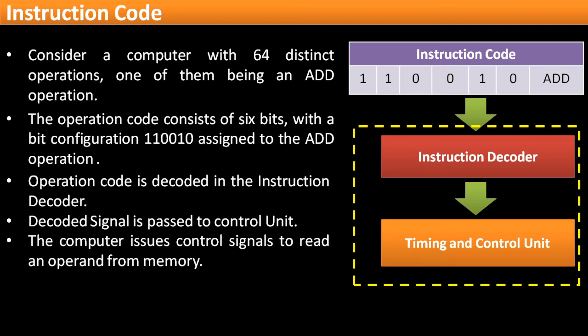Obviously we need the add operation to be carried out on particular operands. One operand may be available in the memory, the other operand may be available in a CPU register, usually by default the accumulator.